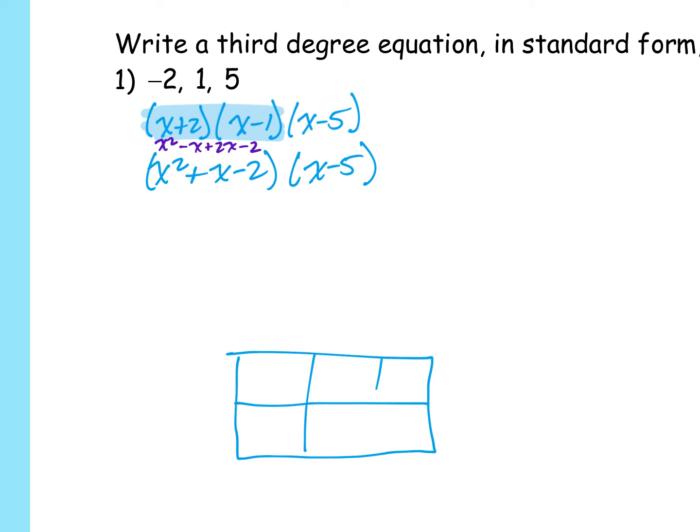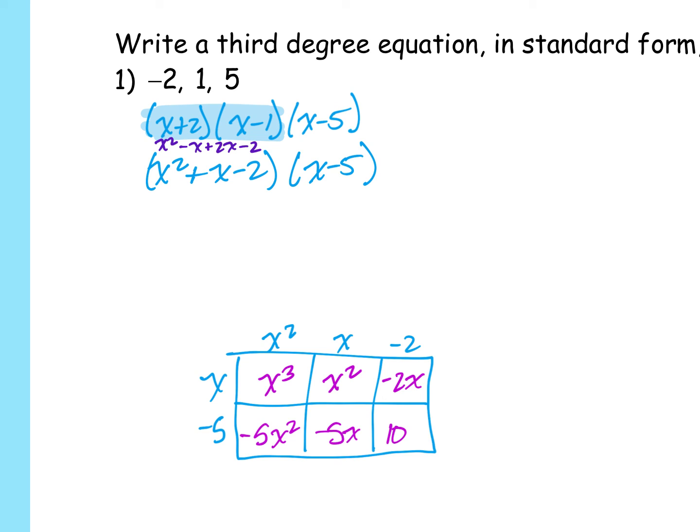And then from here, I went to a box because it's a 3 by 2. You could FOIL this, which is fine, but sometimes I like the organization of a box a little better, so it's just up to you. X squared plus x minus 2, and then I've got x cubed, x squared, minus 2x, minus 5x squared, minus 5x, and plus 10.